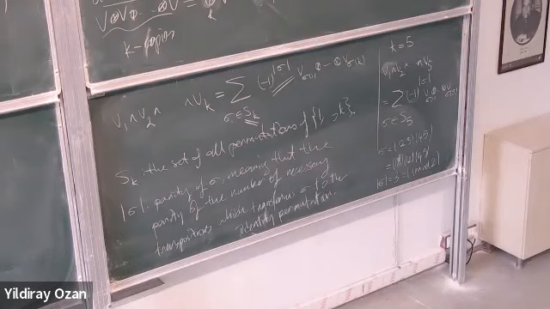A is 0, 1/2, -1/2, B is 2, -2, 0, and C is -2, 5, 3. We would like to compute A wedge B wedge C. That is this figure.